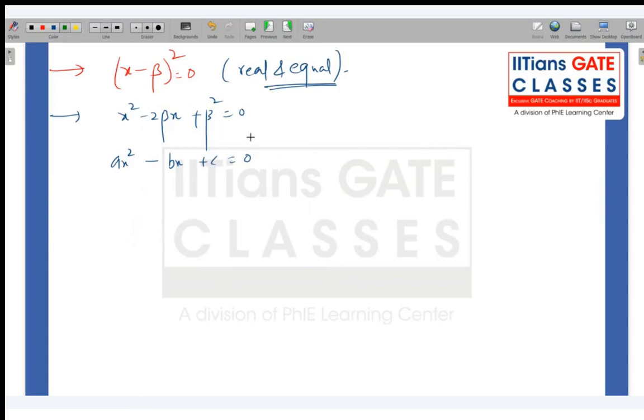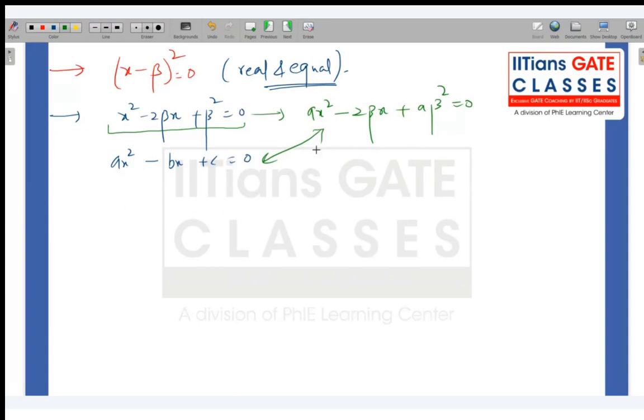Now in this question, you can multiply the first equation by a, so ax square minus 2 beta ax plus a beta square equal to 0. Now you can relate this with ax square minus bx plus c.